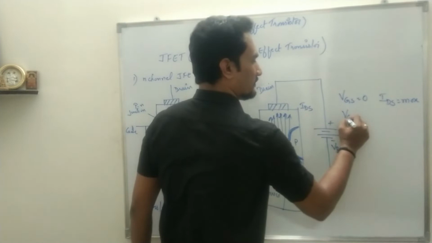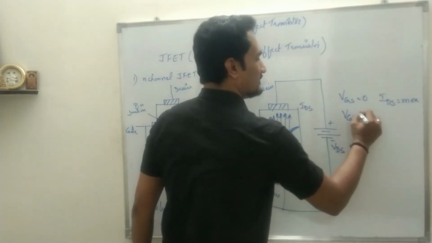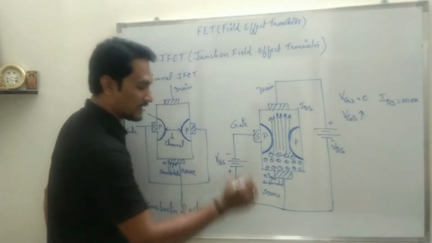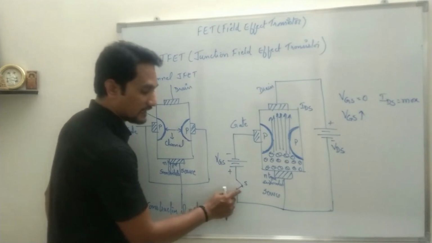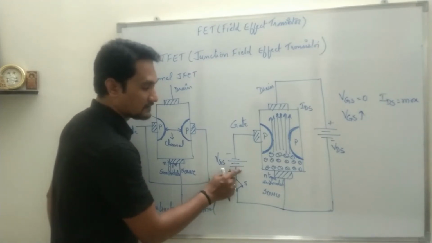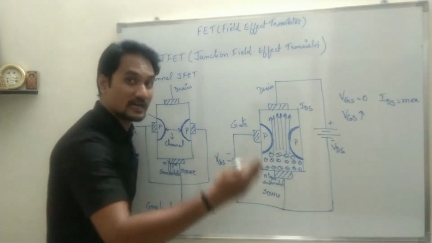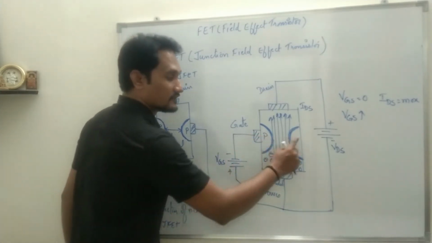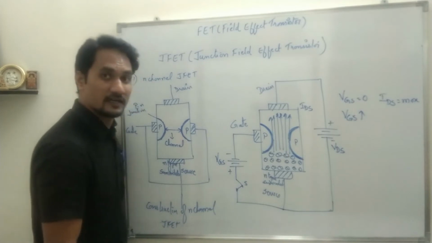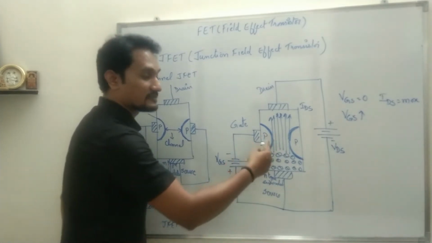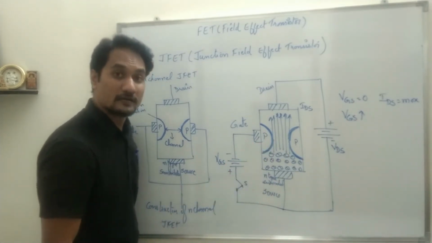Now suppose I increase VGS, that means I close the switch. As soon as I turn on the switch, this polarity is applied between gate and source. Both the PN junctions which are formed on either side of the JFET will start becoming more and more reverse biased.